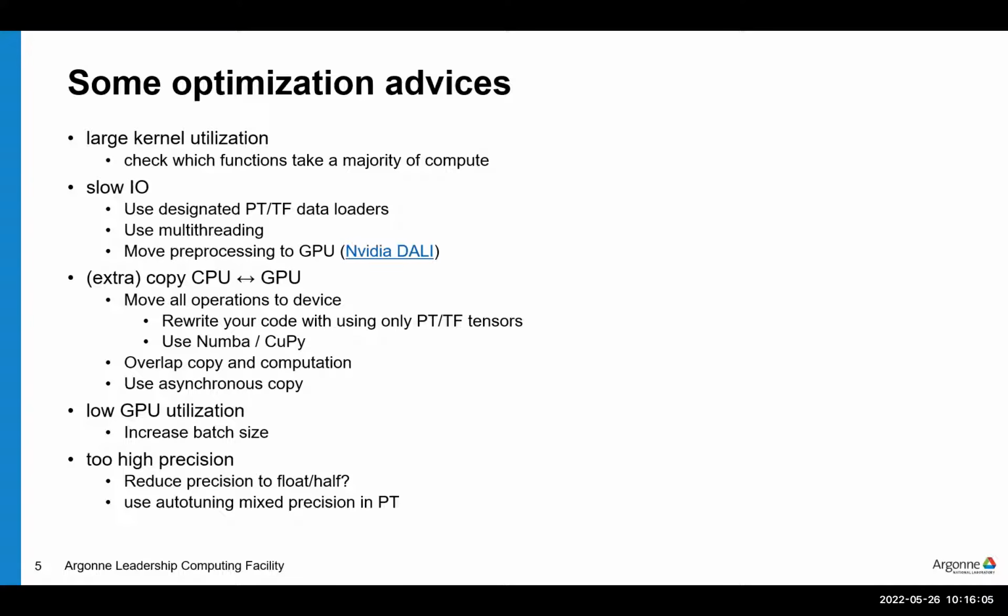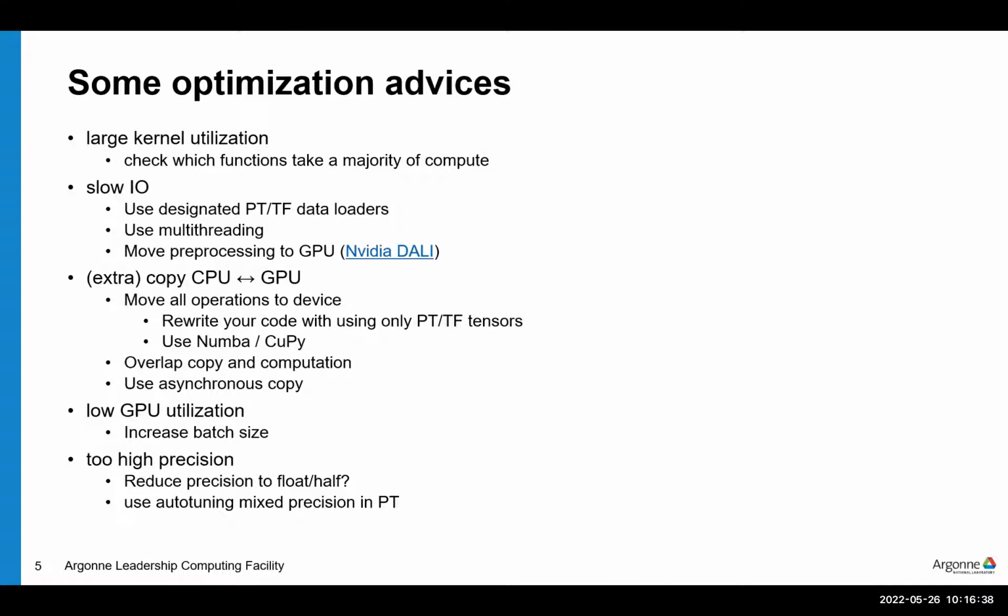Another problem you may face is an extra copy from CPU to GPU and vice versa. Sometimes it can happen just because PyTorch and TensorFlow coverage is not as huge as NumPy. So sometimes it could seem more useful to move data to CPU and just run some function on CPU because NumPy has it, but it may result in slow performance. In this case, it's better to move all operations to the device.